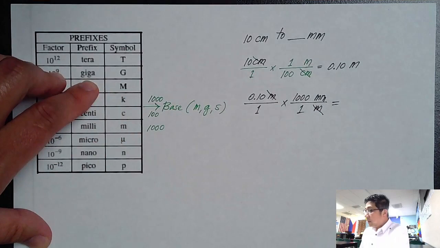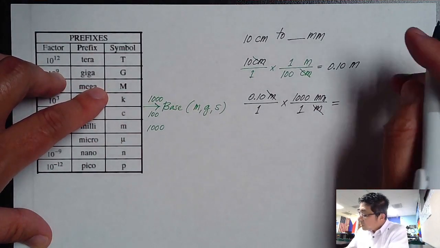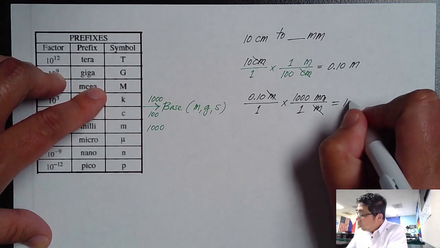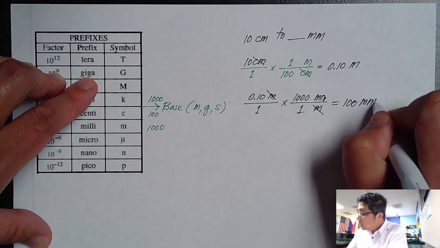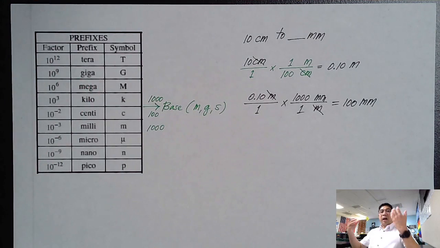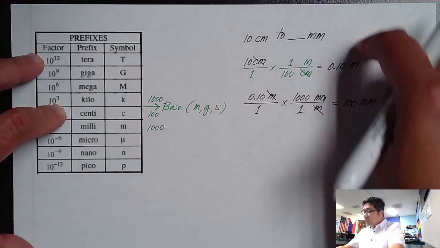So let's simplify this. 0.1 multiplied by 1,000 will give us an answer that is equivalent to 100 millimeter. Okay. So at this point, I know there are multiple steps, but as you move along and get used to converting, you don't have to do this step.